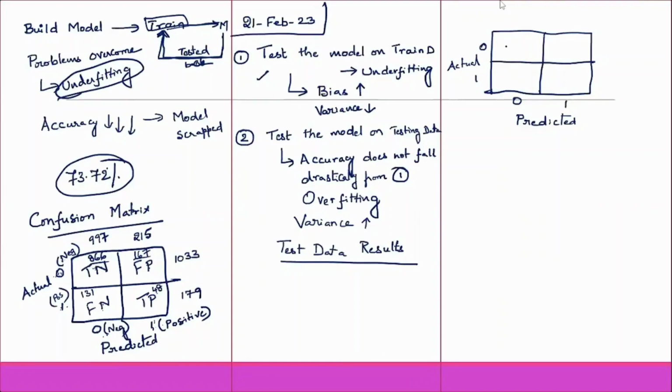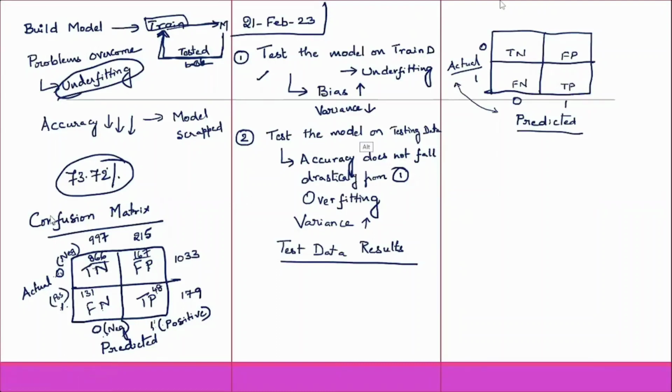We have said this is called true negative, this is called true positive, this is called false positive, and this is called false negative, depending on what you are putting. Sometimes in some books, the predicted is put here and actual is put here. So accordingly, you may have to change the positions of true negative, false positive, and true positive.